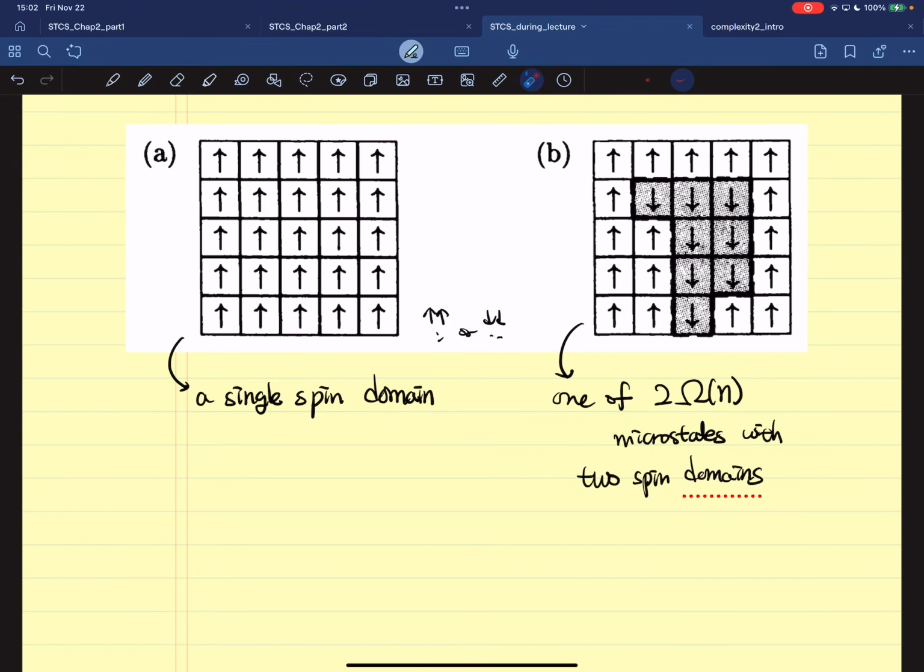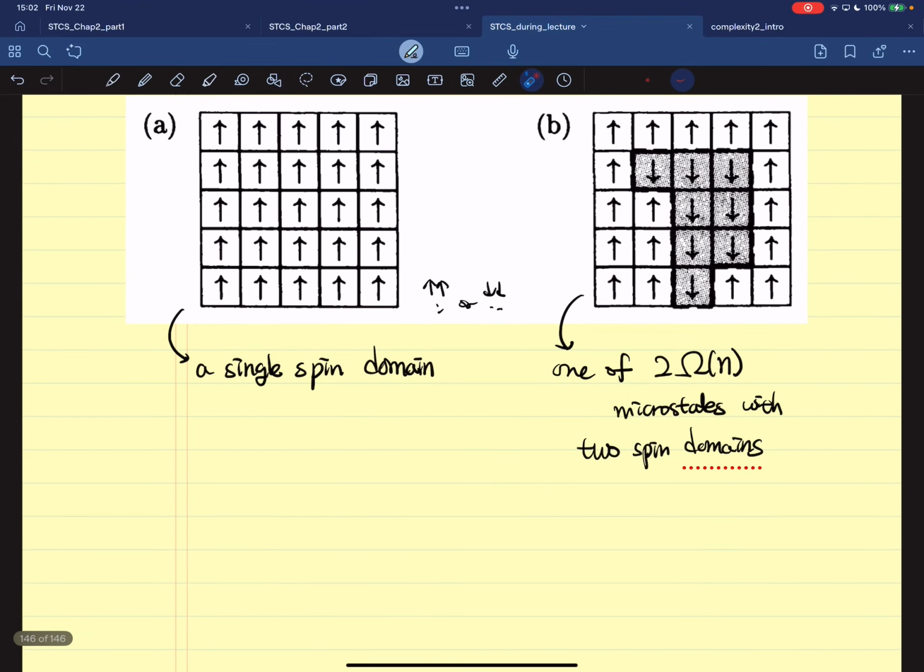Let's continue our discussion by comparing the free energy between these two cases. The first case is actually the same as the one-dimensional case. So one domain free energy would be the energy term minus... It's a bit tricky part, but you may consider this natural, but why do we have this half factor?